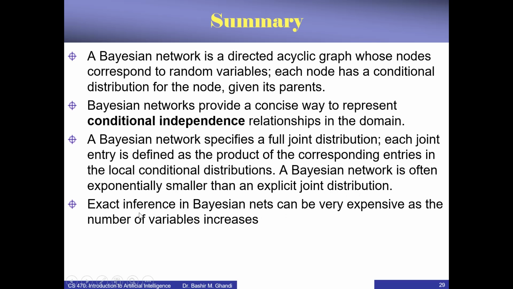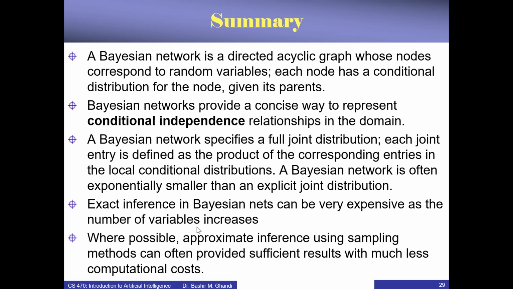And then we saw that exact inference in Bayesian networks can still be very expensive, especially as the number of variables increases. And then finally we saw two examples of approximate inference, where we can still do inference without the cost of exact inference, and where the answer may still be reasonable.